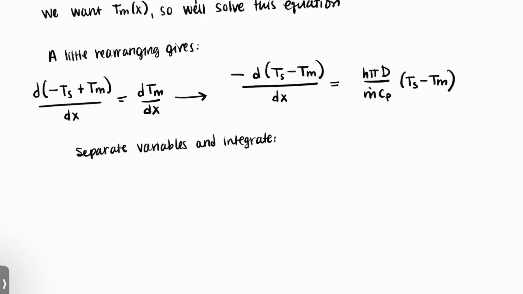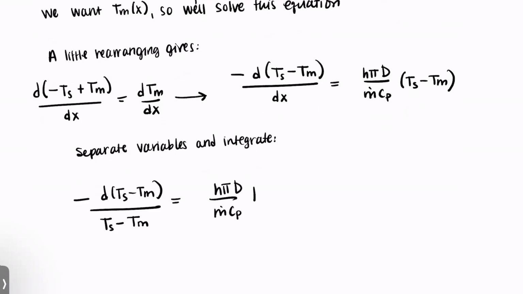So I have minus d(Ts minus Tm) over (Ts minus Tm) equals h pi D over m dot cp dx.